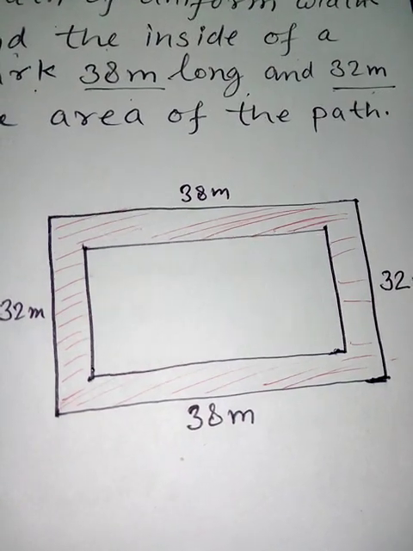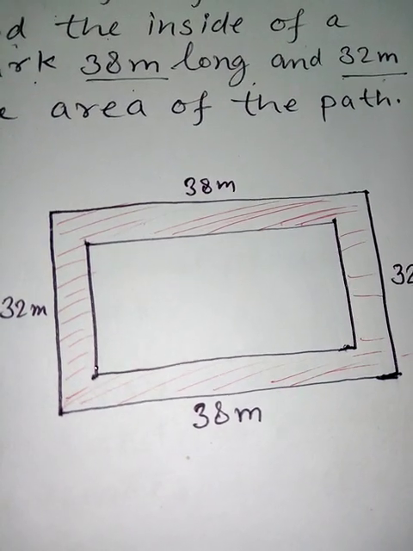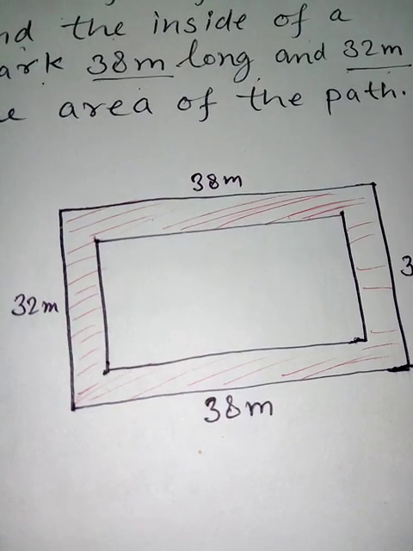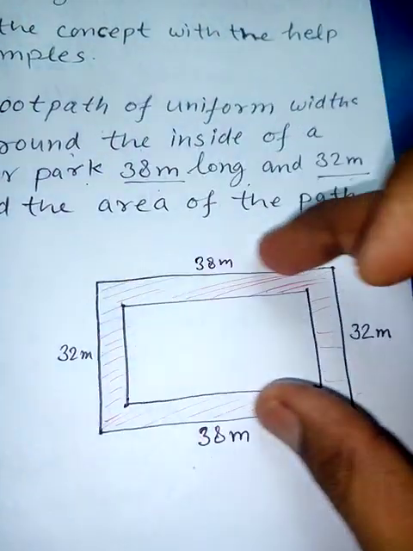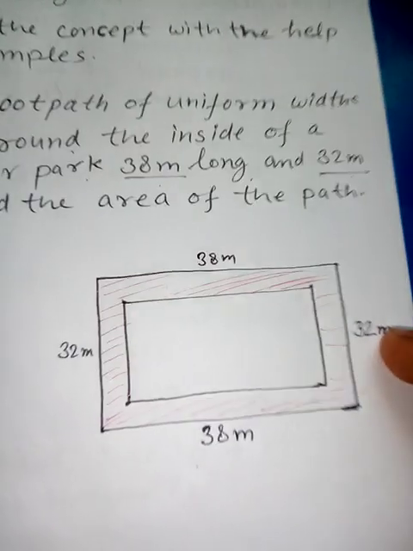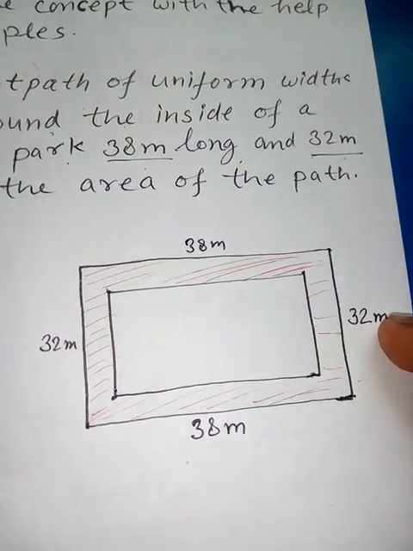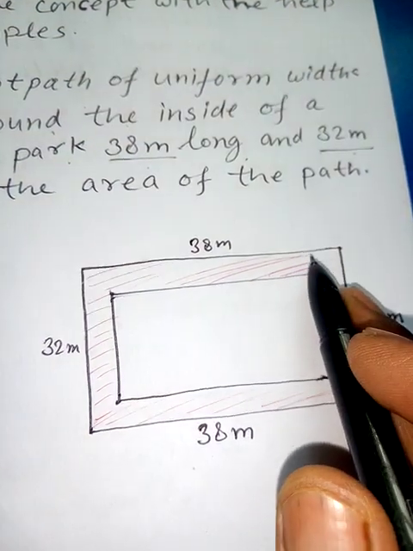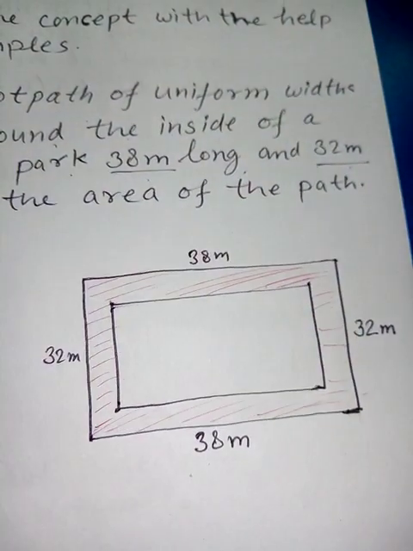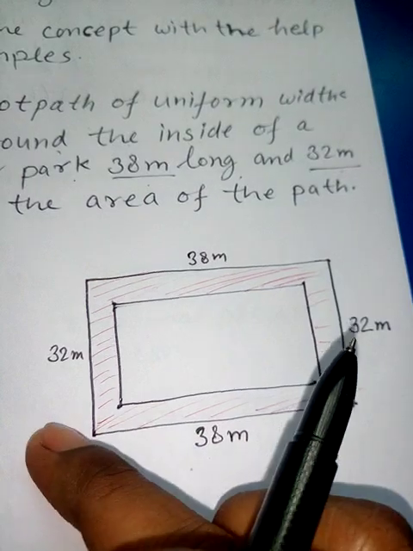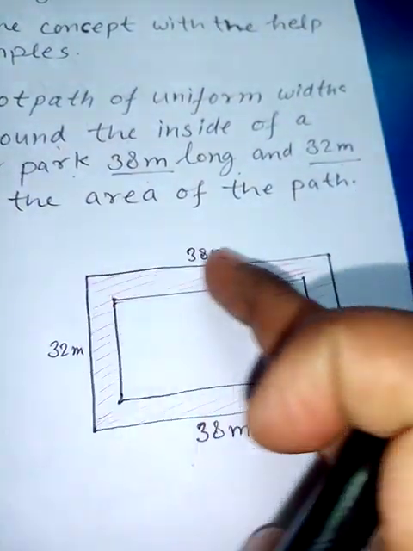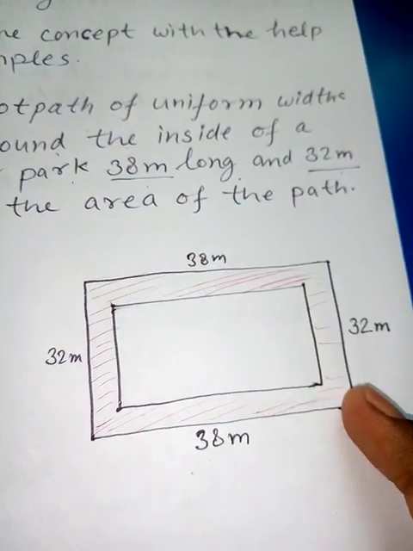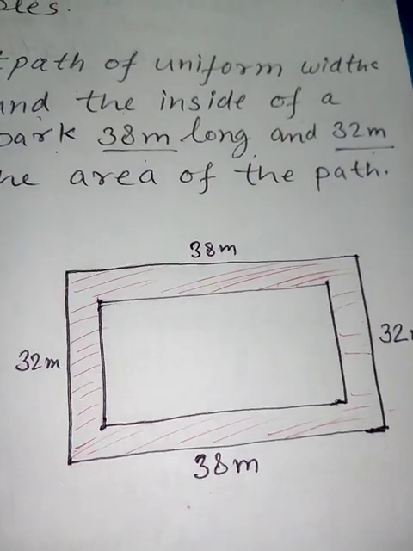To find out this shaded portion, that is the rectangular path, first we have to find out the area of the park, that is 38 into 32, and then we have to find out the area of this region, the small rectangle, and then subtract the smaller one from the greater one, then we will get the rest part, that is the rectangular path.